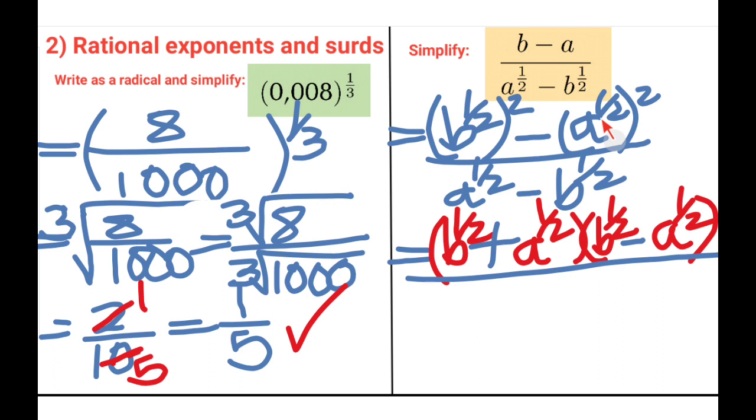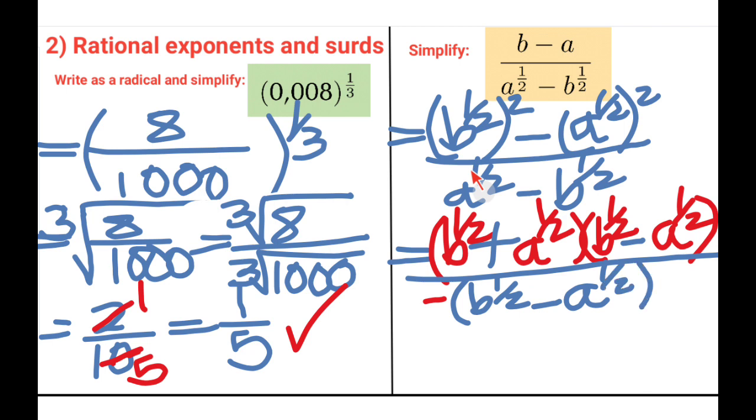Now that leaves us with a to the power of half minus b to the power of half, which is very similar to this. B to the power of half minus a to the power of half. It's just that now everything is reversed. So what you do to correct that, so you make them similar, is you put a minus in front of that. So you then go b to the power of half minus a to the power of half. Now you can switch them around.